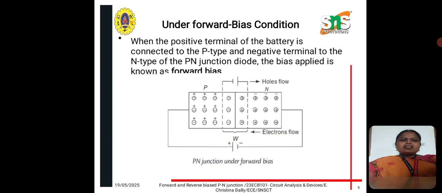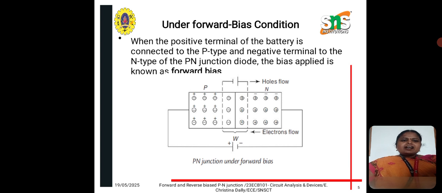Here we are going to see how it works in the forward bias condition. When the positive terminal of the battery is connected to the P type and the negative terminal is connected to the N type, this is known as the forward bias. So in this diagram, we can see the holes present in the P type and the electrons present in the N type. While the supply is given, when the positive is connected to the P type and the negative is connected to the N type, the holes will move towards the electrons and the electrons will move towards the holes.